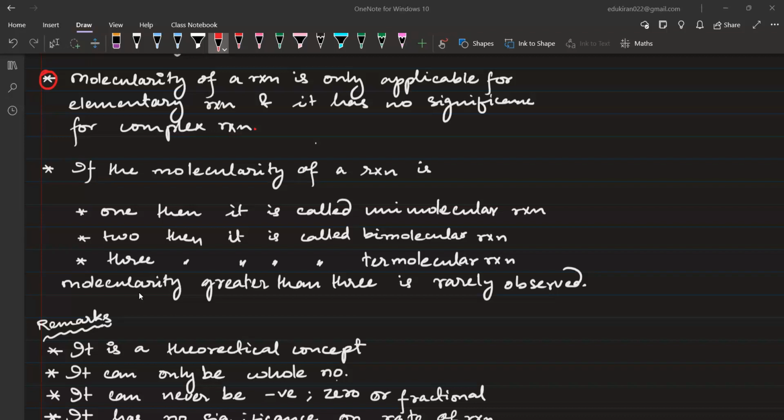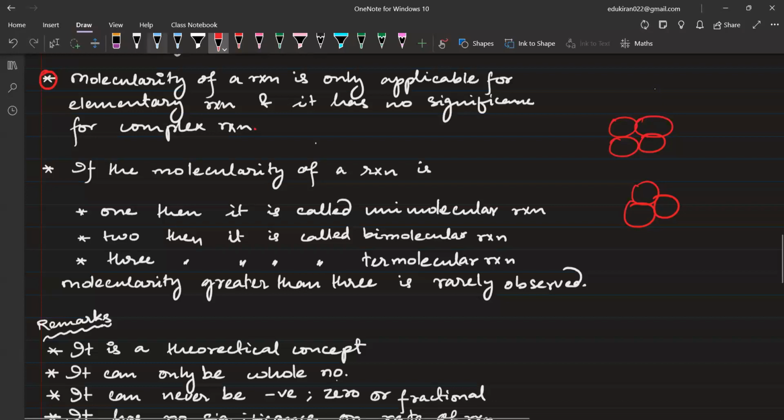Now, the next thing is molecularity greater than 3 is rarely observed because it is very difficult for all of these four balls to be in contact with each other, right? So molecularity will be 4 only. Up to 3 it is very easy, since most atoms or molecules are spherical, you can assume that. So 3 can collide with each other simultaneously, but 4 molecules cannot collide simultaneously, and it is very rare.